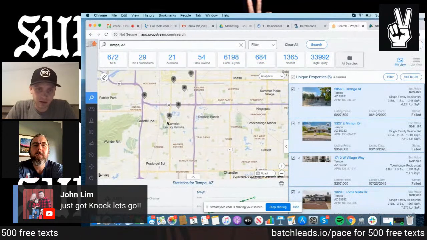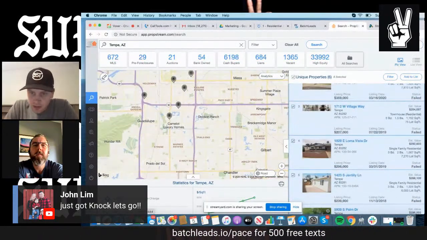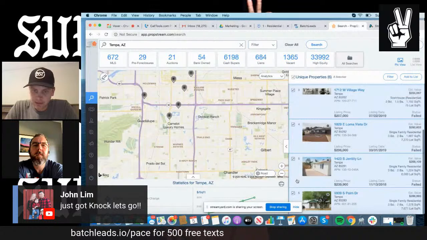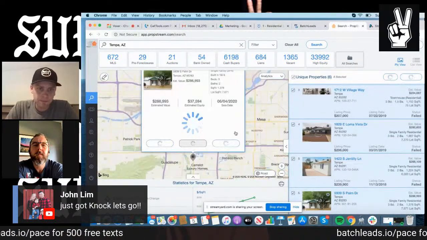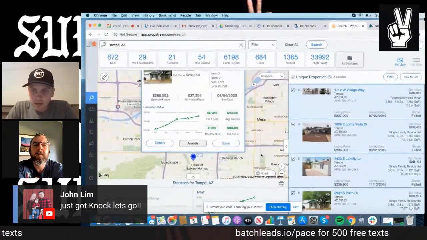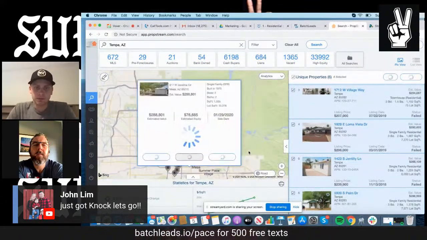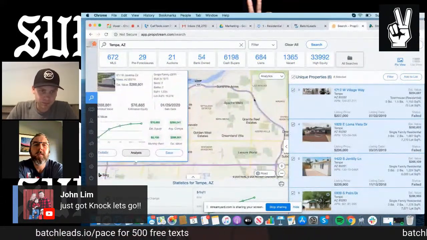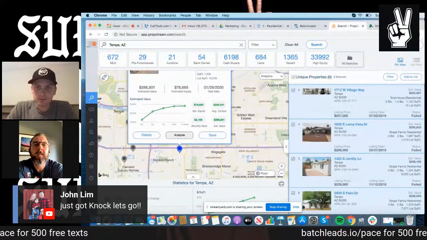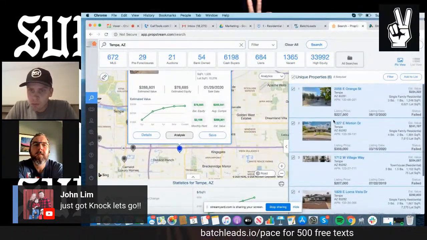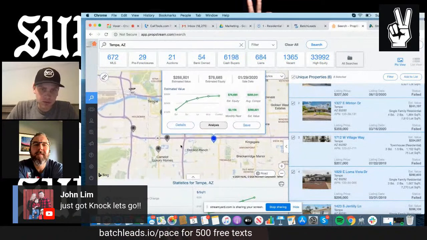So there's not too many here. Let's see this one. This one looks like it's a little bit closer here on, was that Palm? These aren't too close.